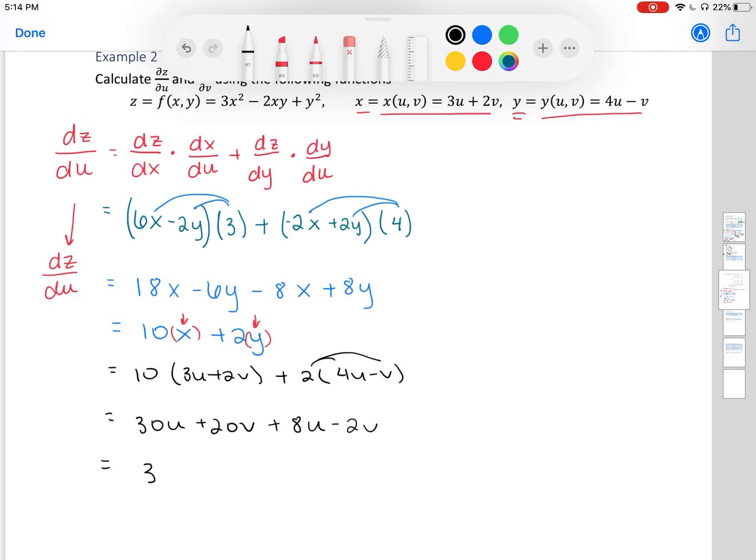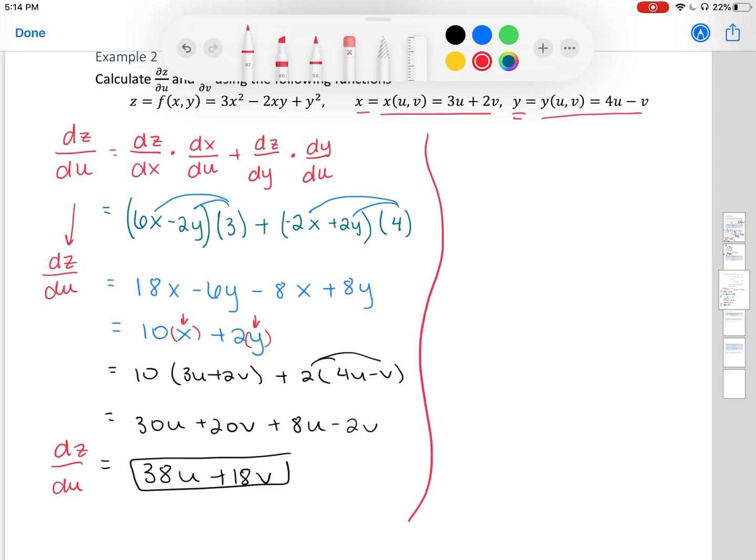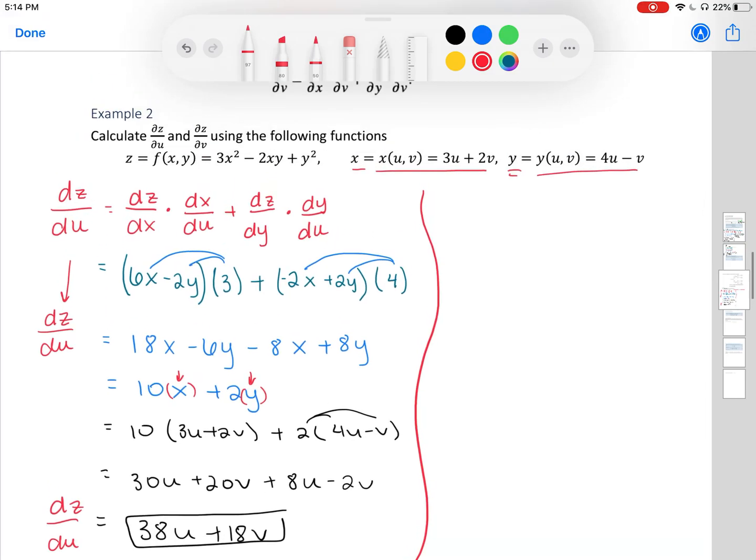We get 38u plus 18v. And we have found our derivative, dz/du. Not so bad, right? So I'll leave it up to you to find your second one, dz/dv. You can do it. It's not so bad. And if you get stuck, this is a direct example from your textbook. Check it out.